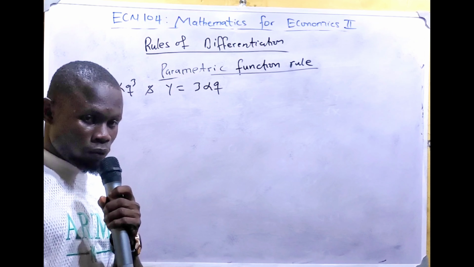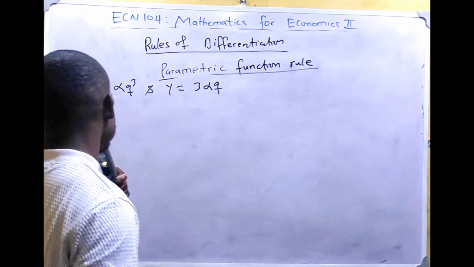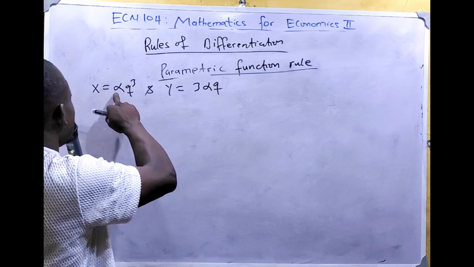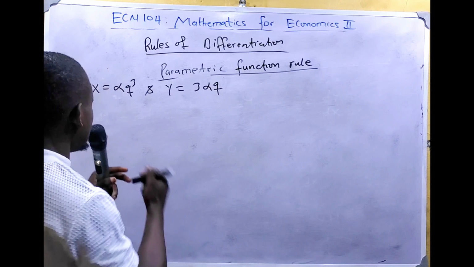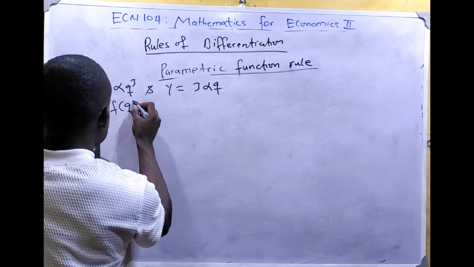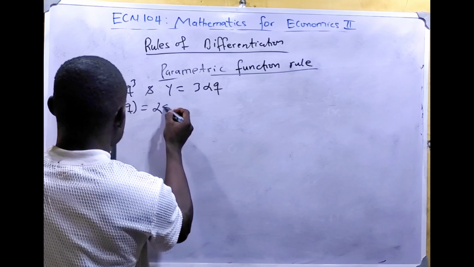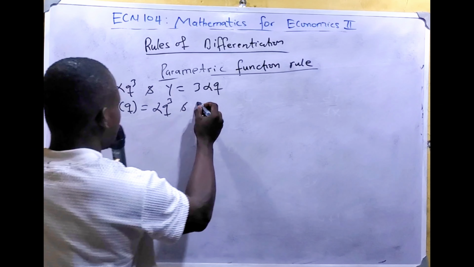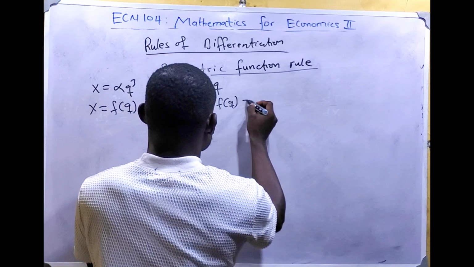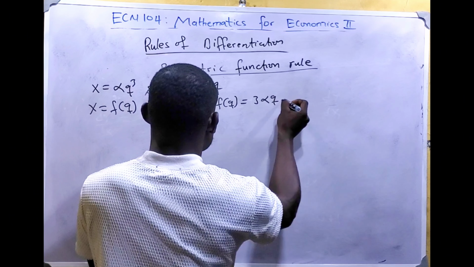Let's take one question to illustrate this. Given these two functions, x is a function of q and y is a function of q, such that x equals alpha q raised to power 3, and y is a function of q such as 3 alpha q.